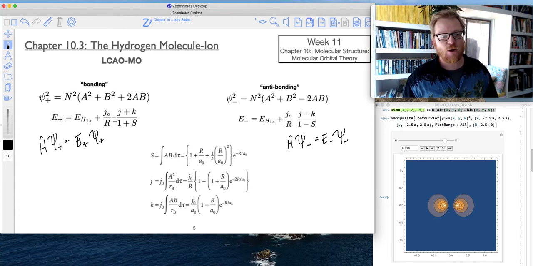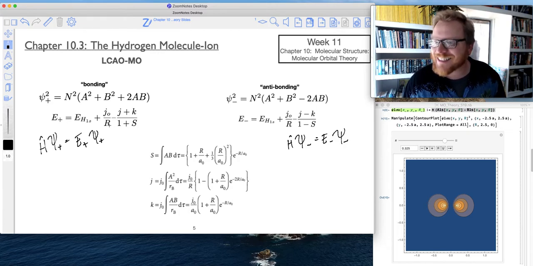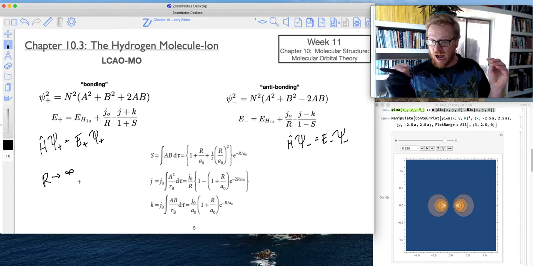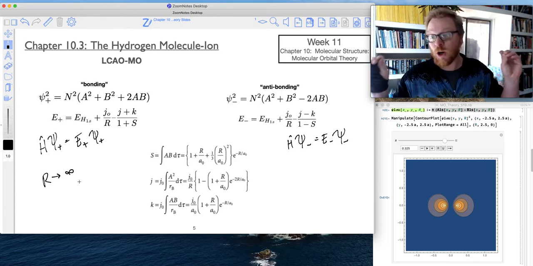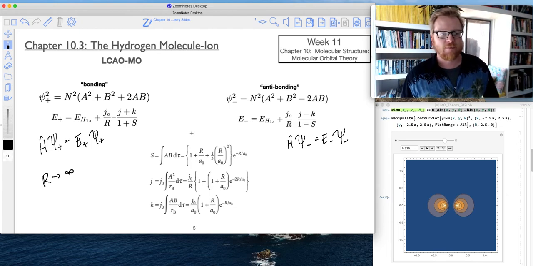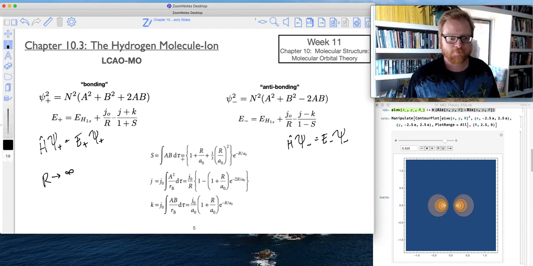So that means when R is, let's say, I don't want to say 0 because 1 over 0 is not well defined. When R is infinity, okay, let's look at it from that perspective. As R approaches infinity, in other words, as these nuclei are infinitely separated enough that they don't know that each other exists, okay?